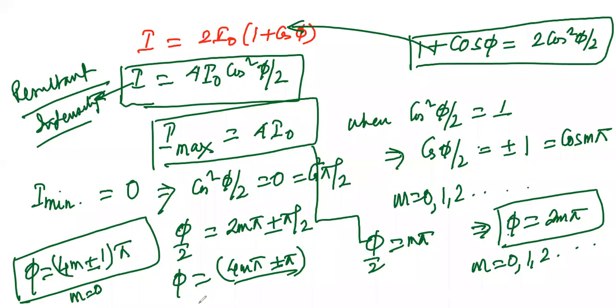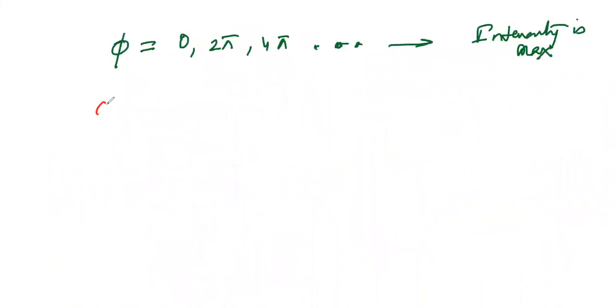So you can see from here, this is the condition for I to be minimum, m equals 0, 1, 2 and so on. So phi is equal to pi, 3 pi, 5 pi, and so on; the intensity is minimum. So these are the conditions we have got.